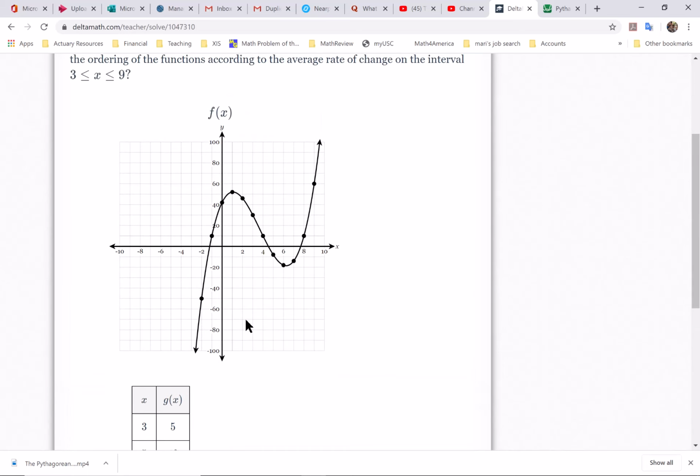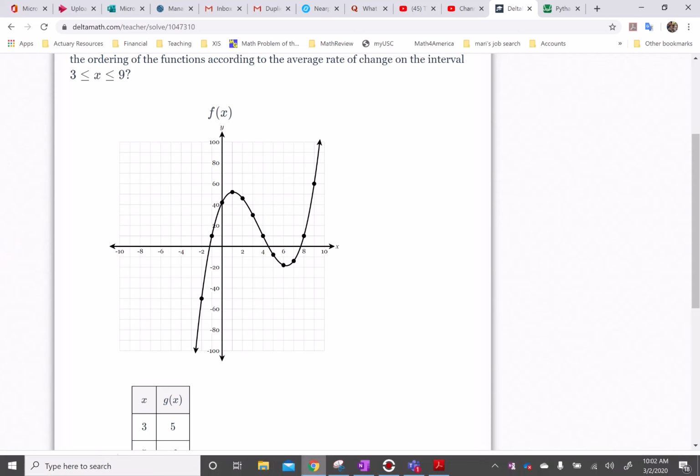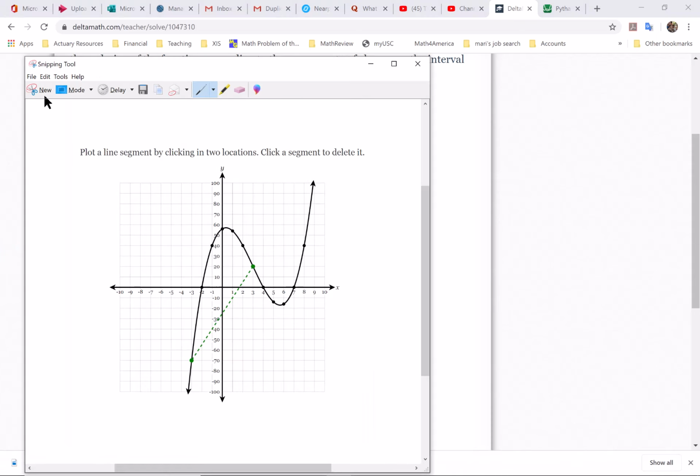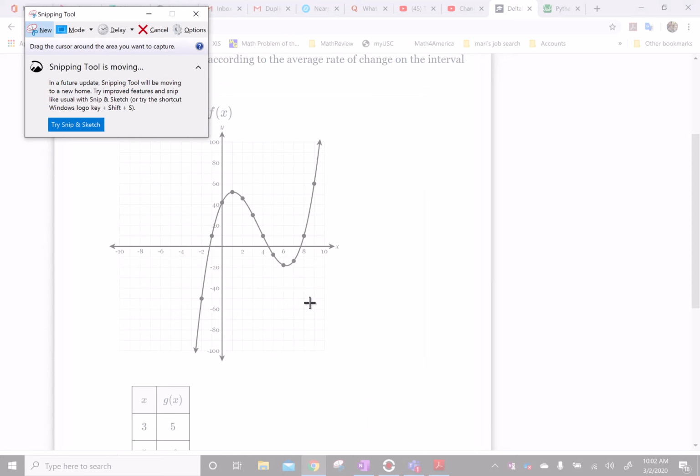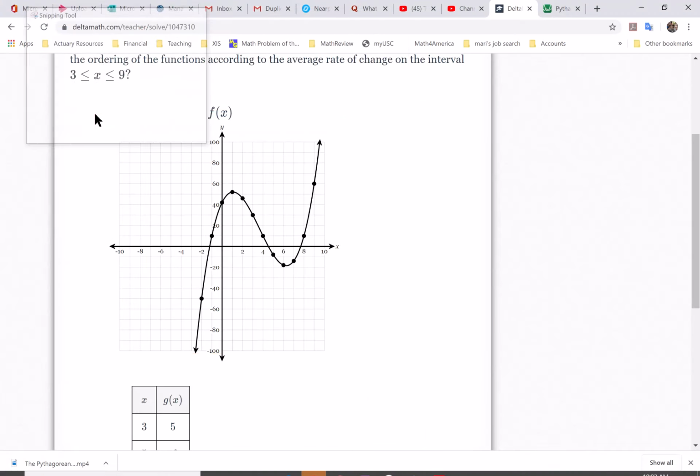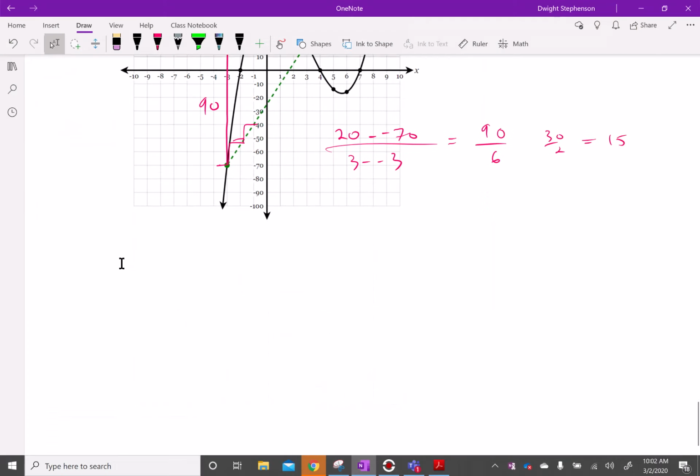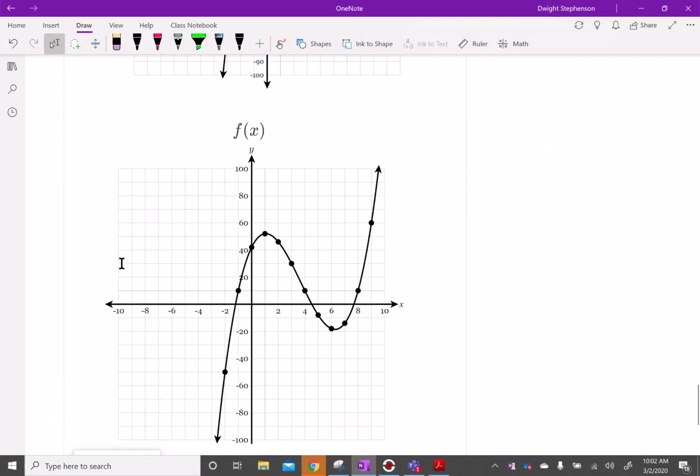So for example, for this one, we'd look for the average rate of change from 3 to 9, which would be the slope of this line that goes across like this. From 3 to 9, so here's 3, and there's 9, so we're finding the slope of this line, which again, you can just do y2 minus y1.